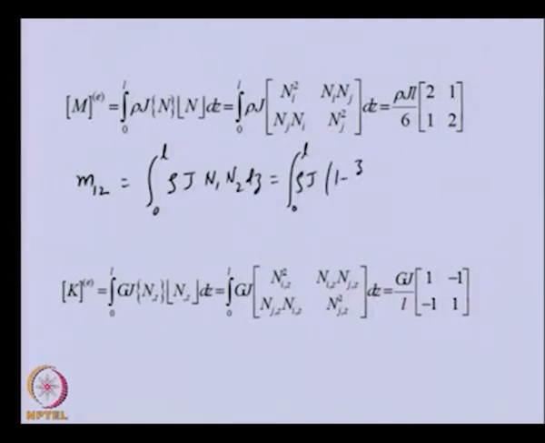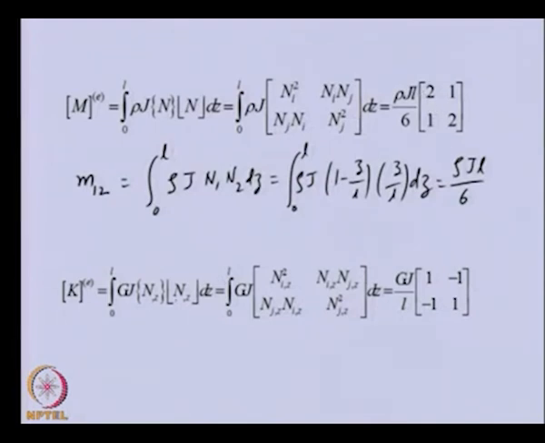N1 was 1 minus z by L and N2 was z by L. If we integrate this, we will get rho j L by 6. Similarly, we can calculate other terms by substituting the relevant shape functions, and we can get the mass matrix.